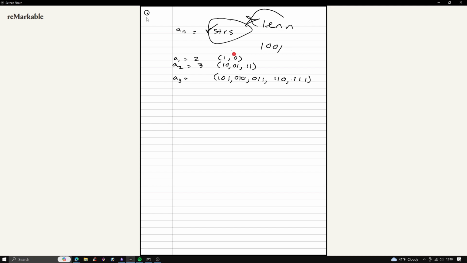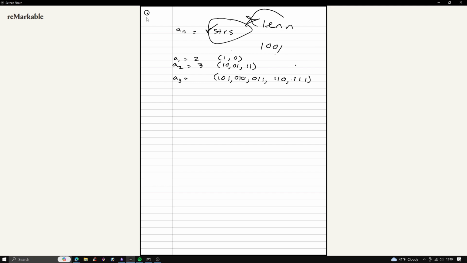Every single string in here will have an offspring that ends in 1, right? So 0 will have just 0 1, and 1 will have 0 1 and 1 1, or we'll have 1 0 and 1 1.